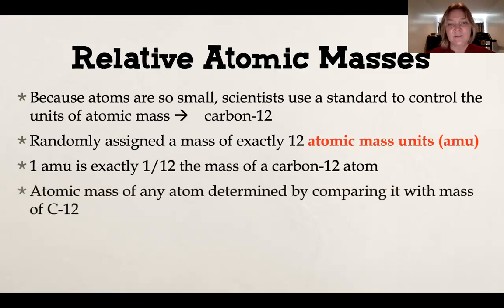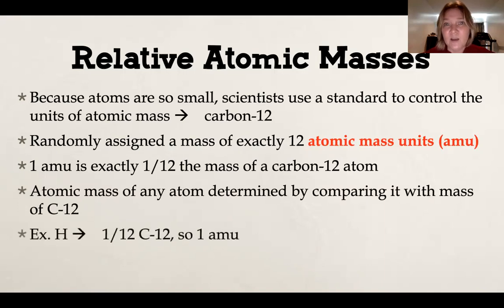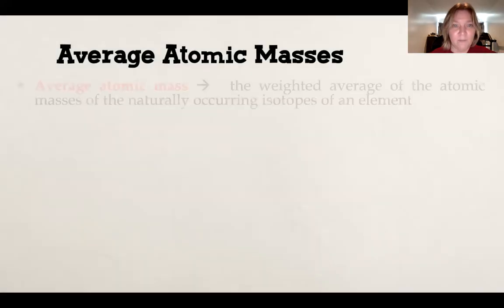So the atomic mass of any atom is determined by comparing it with the mass of carbon-12. To be honest, we don't really use AMU in chemistry. It's just used as a basis to explain how we come up with the average atomic mass.